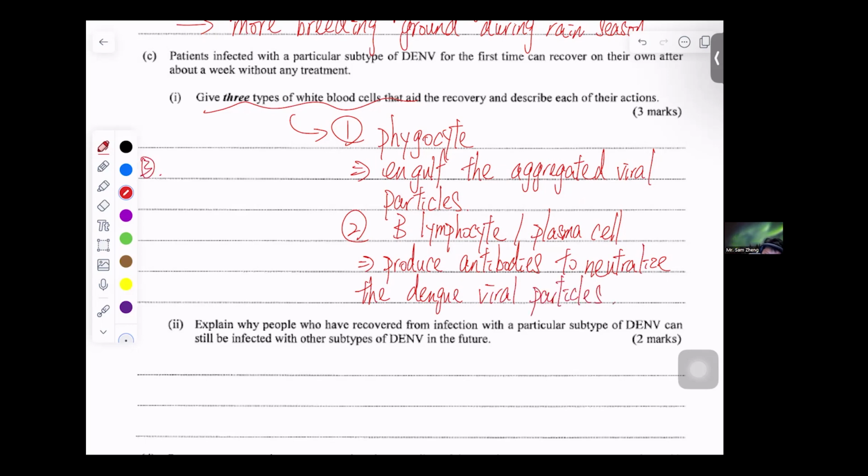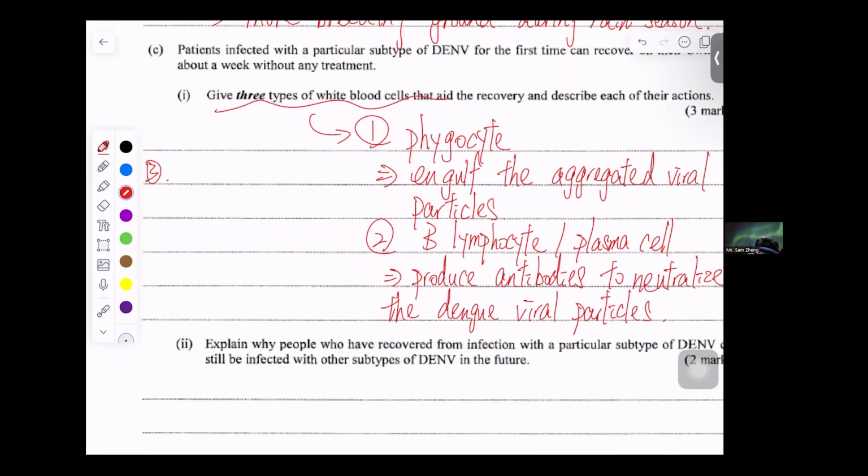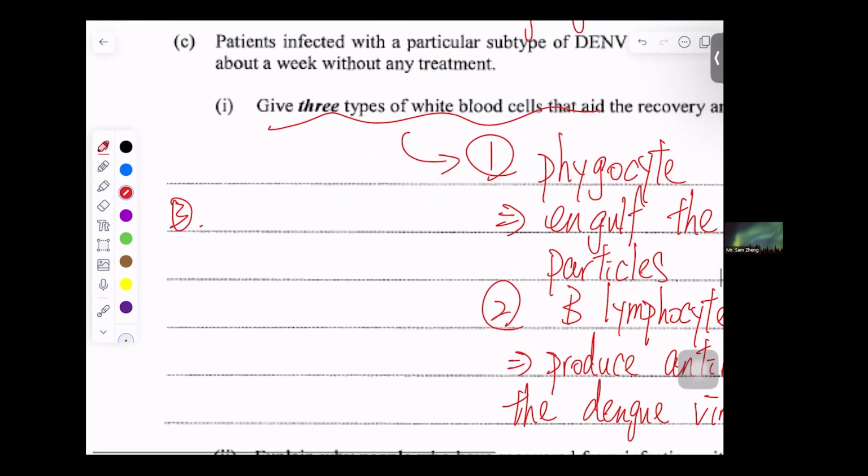And the third one, apart from the B lymphocytes, we also have the T lymphocyte. Then what is the function of the T lymphocyte?